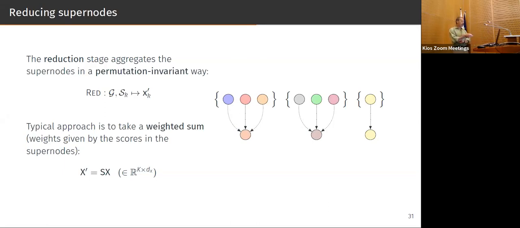So a typical approach is based on the score matrix. So the score matrix was saying you belong to this cluster, you belong to this cluster. And it is intuitive to consider as a first step that the new weights will be a linear combination of these features, where the linear combination is weighted according to the score matrix.